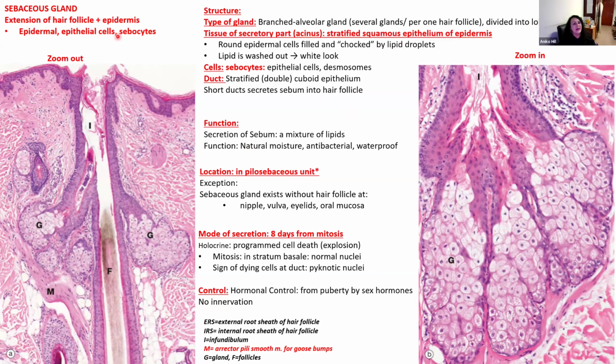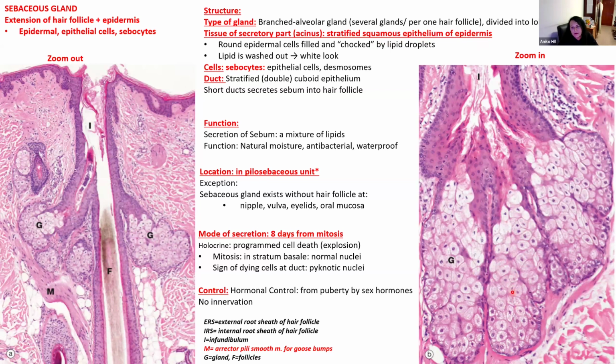Now, this is a very unique gland. Most glands are made out of usually simple cuboid epithelium, but this gland does not look like simple cuboid epithelium whatsoever. It looks stratified, and that's exactly what it is. The stratified squamous epithelium of the epidermis is modified in this gland.